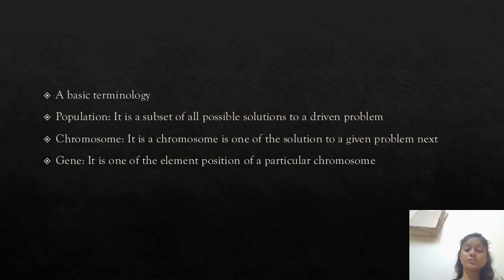So the basic terminologies involved here are the population, chromosome, and the gene. For population, we have n number of solutions, and among them a subset is taken in order to solve a problem. Every chromosome is a solution for a given problem. And a gene is a position of that particular chromosome.